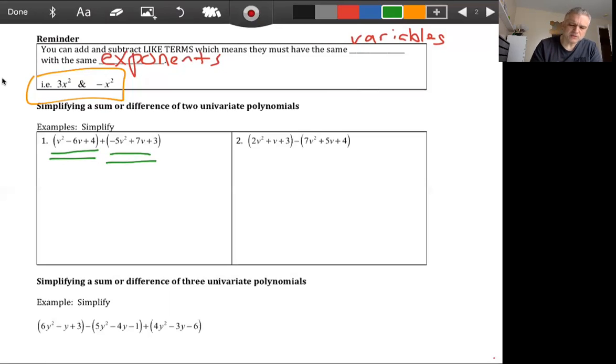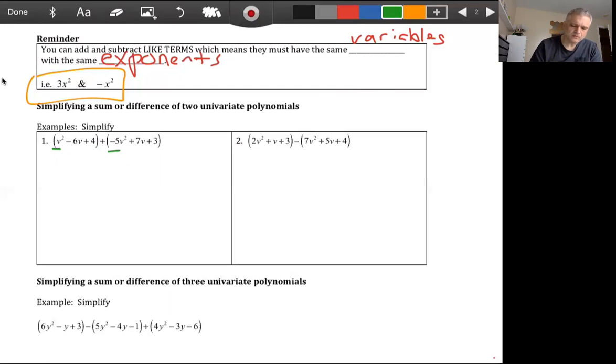So I like to make sure that I keep track of when I have used any of these terms. For example, if I use this v squared, I'm going to put a mark under it. So v squared, and I'm going to add the like term in the second set of parentheses. So that's a negative 5v squared.